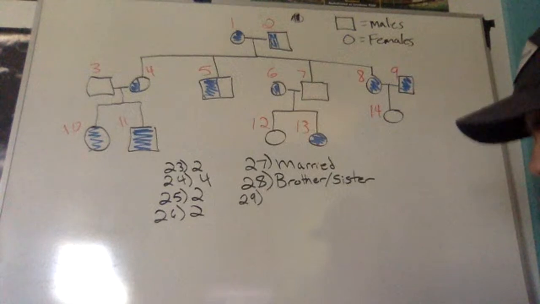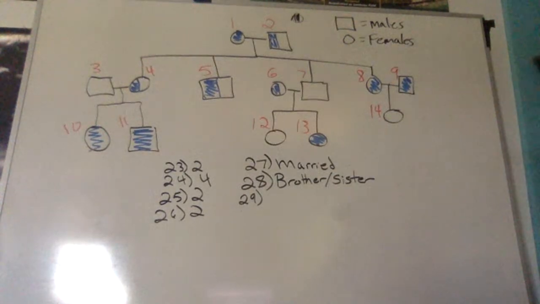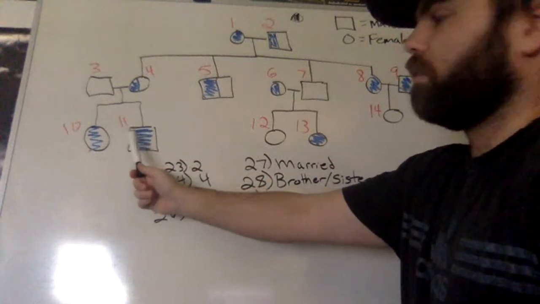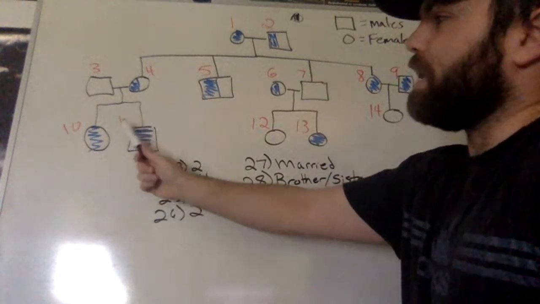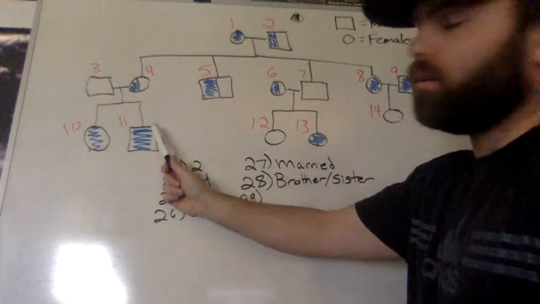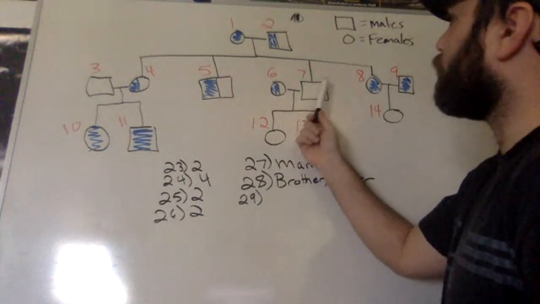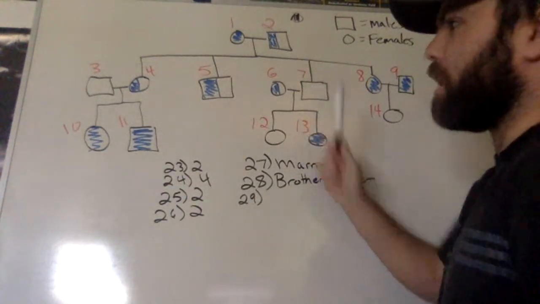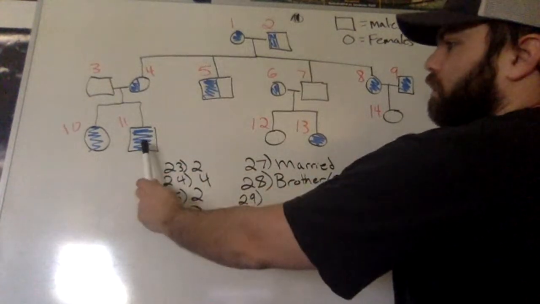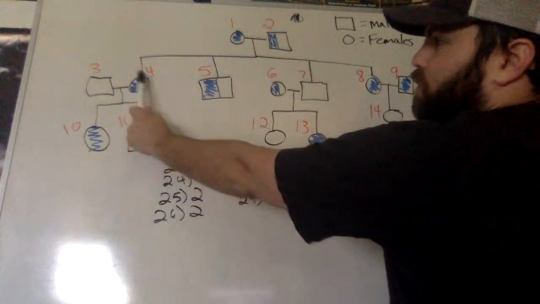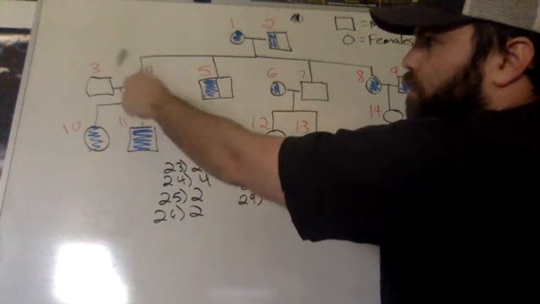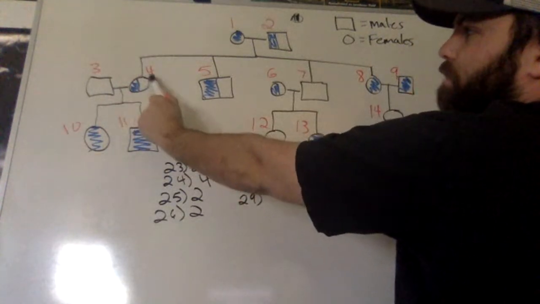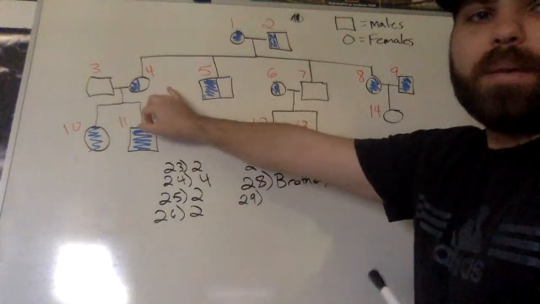Number 29. How are number 11 and 7 related? So we have 11 over here, which is a male, and number 7 is over here, which is also a male. If you go back up this way, this is the parents of the offspring. You have the dad and the mom, with respect to the shape of their letter.